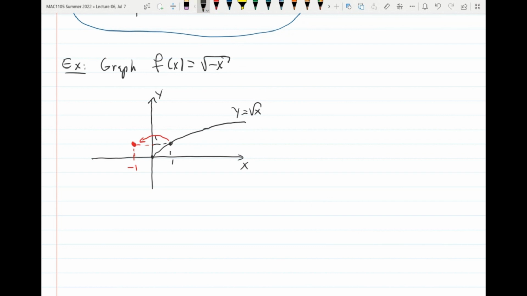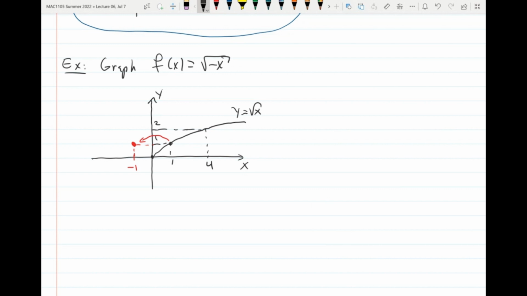Okay? Similarly, let's say 2. If you want to obtain 2 as an output here, that means we need to have a 4 inside the square root. But to be able to get a 4 here, this time you cannot plug in a 4 anymore. Instead, you have to plug in a -4 so that you can make it positive, right?